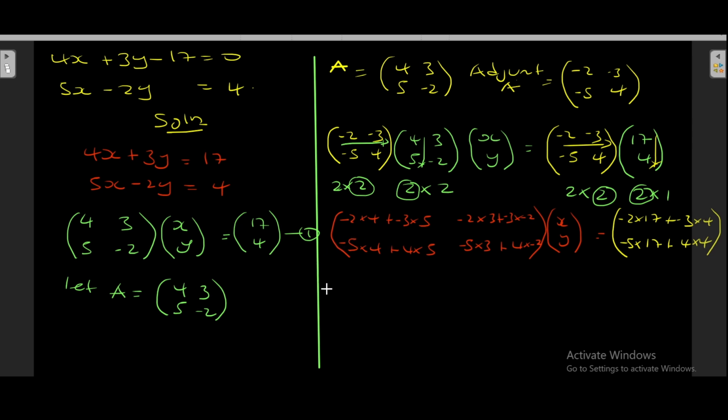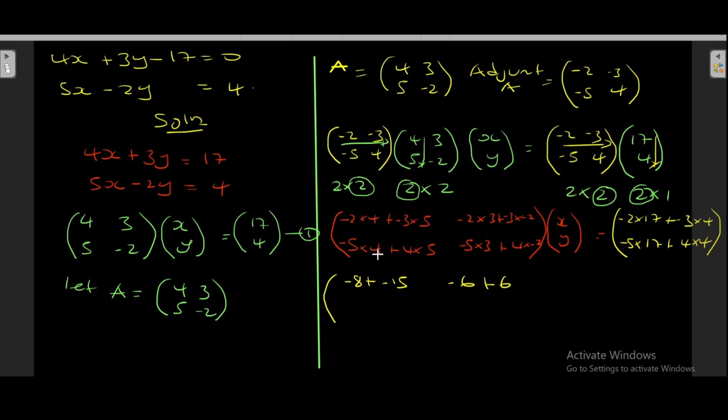Let's try to multiply up here and see. Negative 2 times 4 is going to give us negative 8, plus negative 3 times 5, which gives us negative 15. Negative 2 times 3 gives us negative 6, then plus 6.